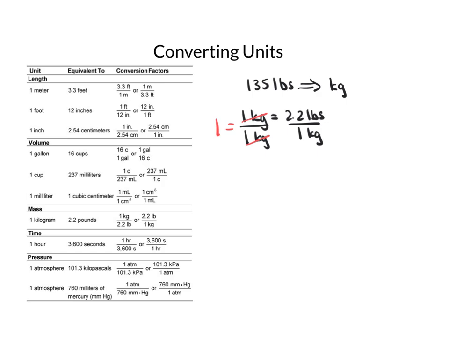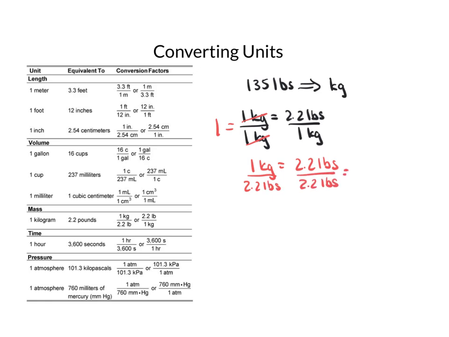So I could make a conversion factor that has pounds on the top and kilograms on the bottom. I could also, from my equivalence, so I know that 1 kilogram is 2.2 pounds, instead divide by 2.2 pounds, both sides.